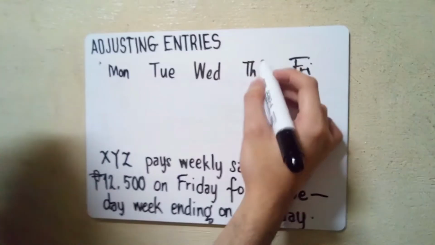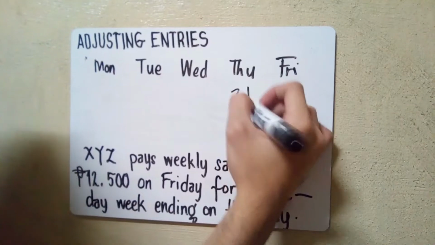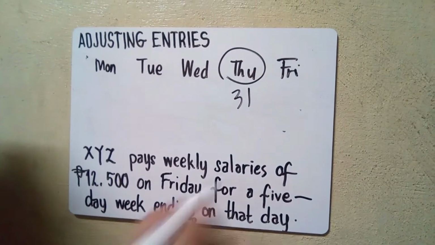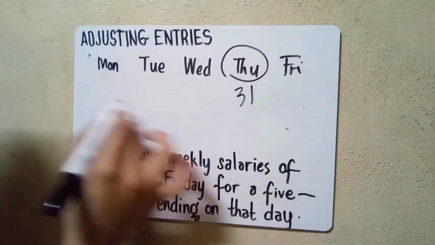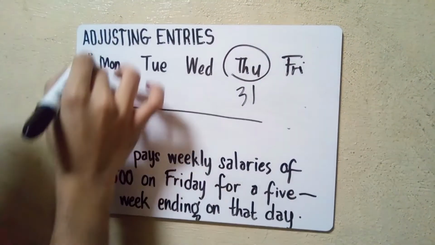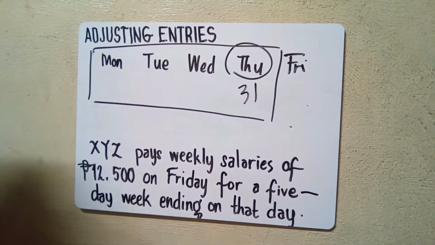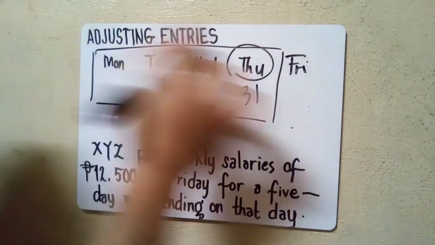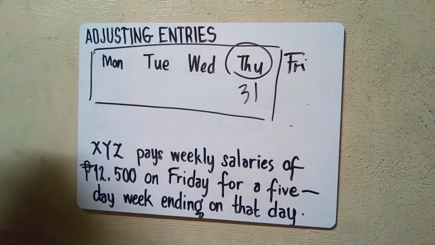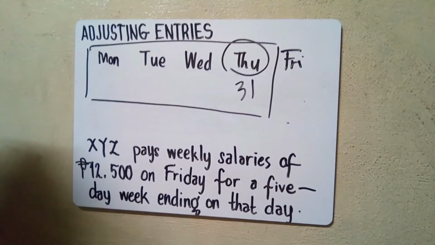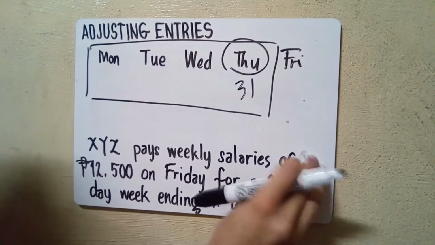For example, we have December 31 falling on Thursday. So there will be 4 days for December. So these 4 days' salaries is considered an expense on the part of XYZ.